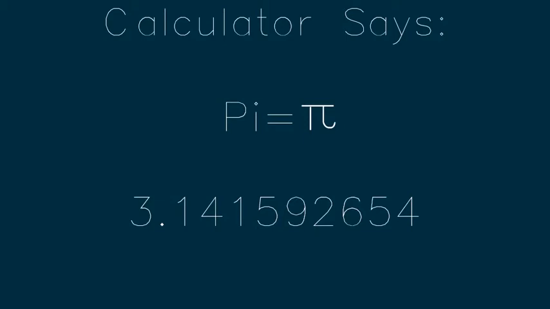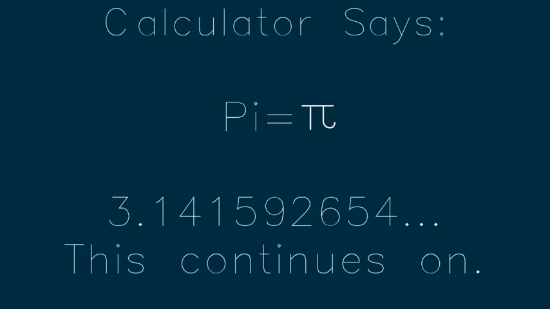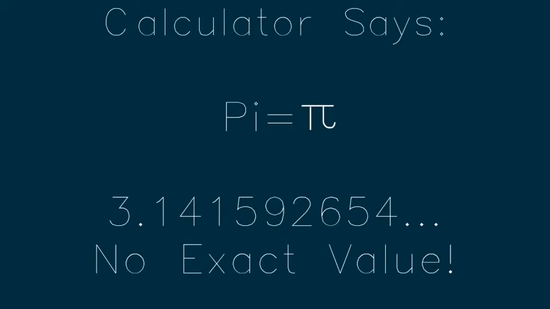It has a certain number of significant figures it counts up to, and after that it doesn't do anything else. So this isn't exactly equal to pi. This is approximately equal to pi. You have to remember that, okay? So this continues on, and this is not an exact value.